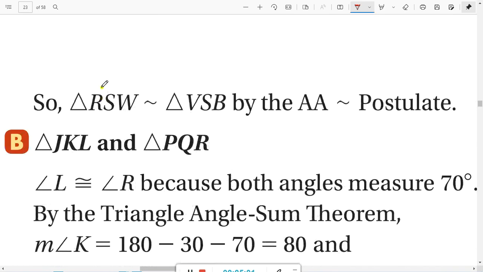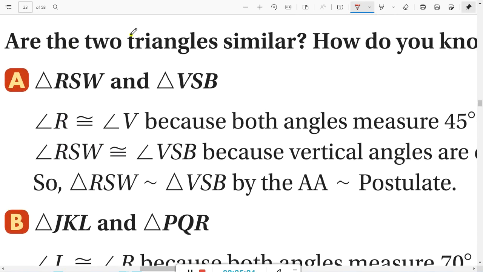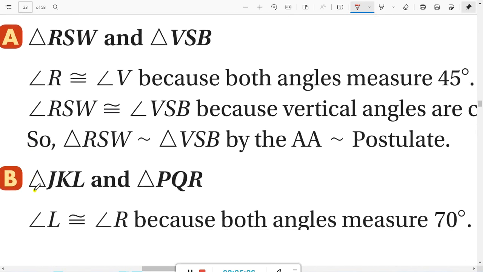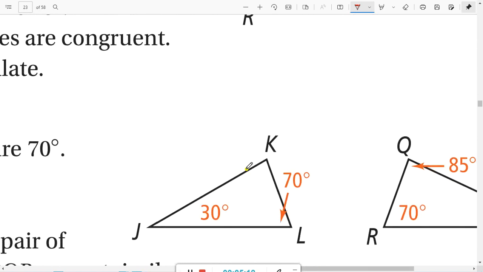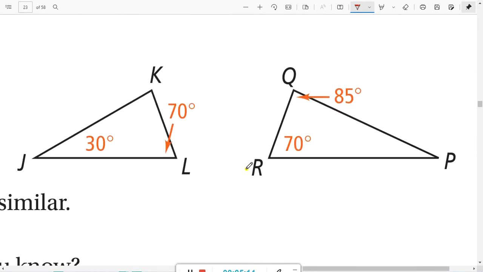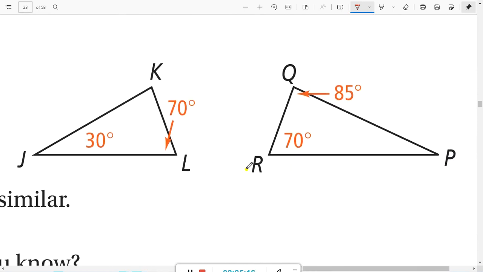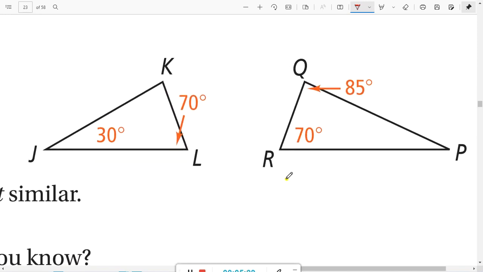Okay, part B. Again, they want us to state if the two triangles are similar, and how do you know? So part B is JKL and PQR. Let's check it out. Okay, here's JKL and PQR. All right, so looks like we have to find the third angle.